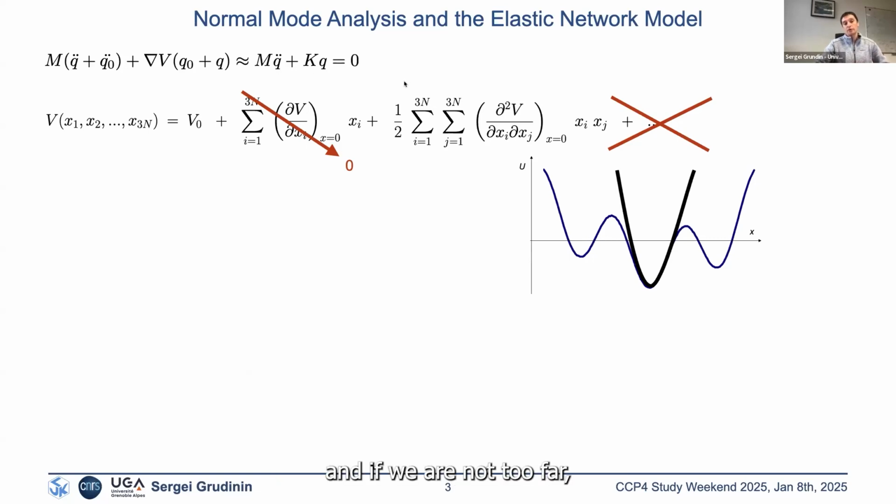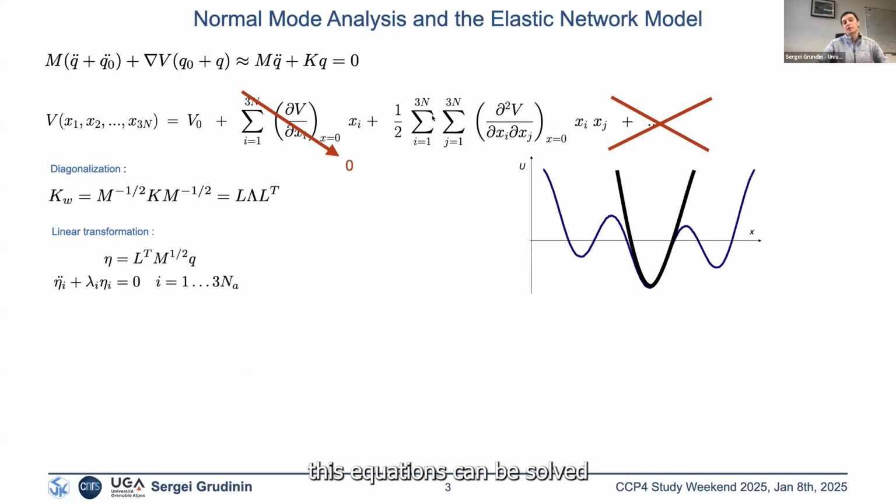If we're not too far, we can describe the potential energy using the second order approximation, which is the Hessian matrix. If we substitute this expansion back into Newton's equations of motion, these equations can be solved analytically in closed form using the diagonalization technique. I can give you probably an illustration.